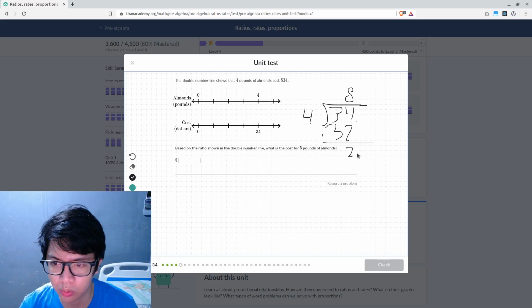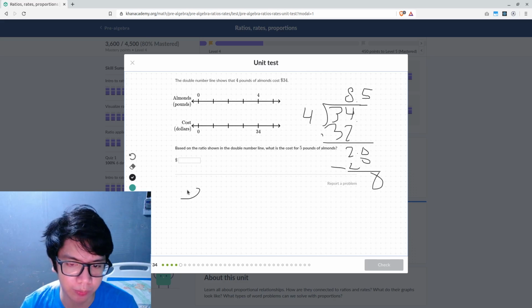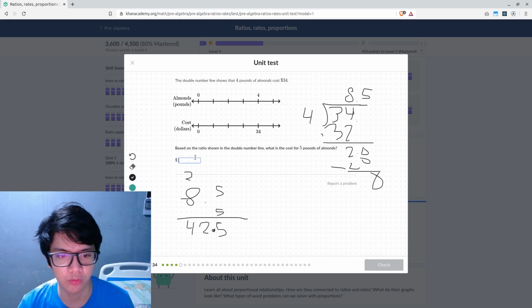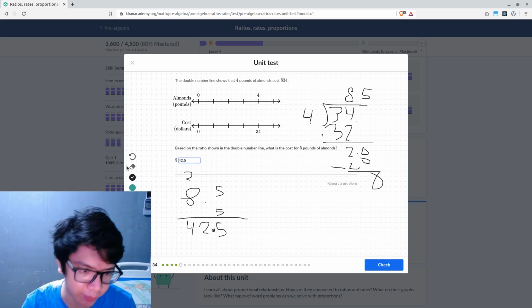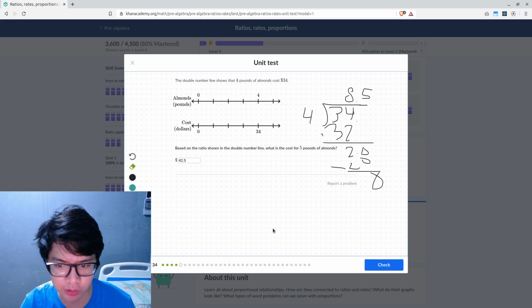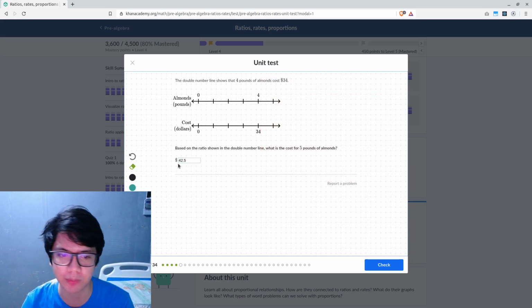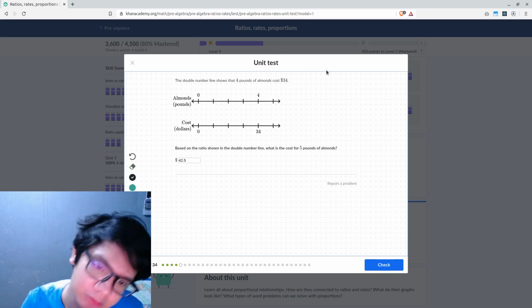We have 20 and then 5. 8.5 times 5, we got 42, man. You're gonna do 42.5, man. 42.5. But of course, to be sure, why doesn't this quiz give me a freaking calculator, please?